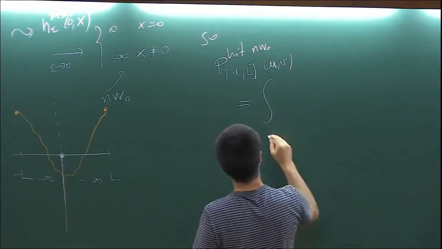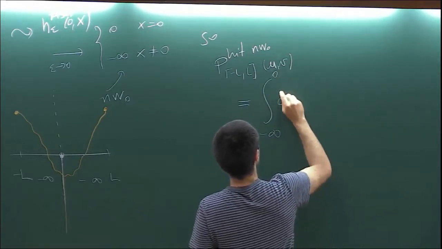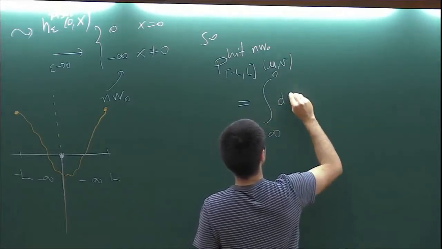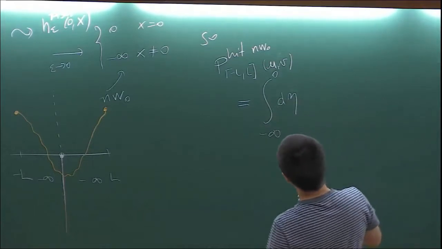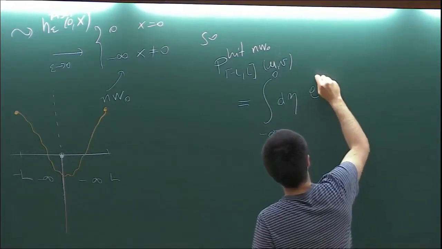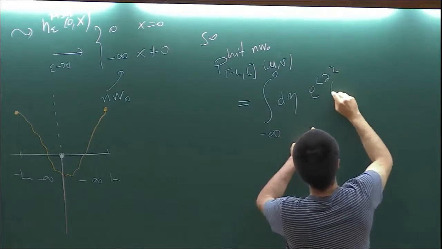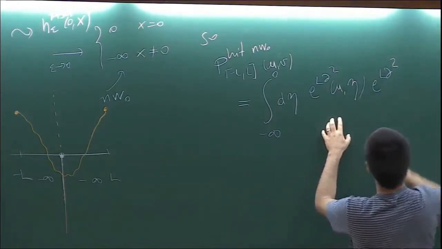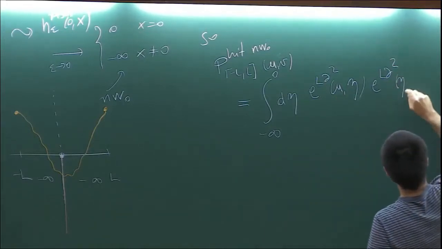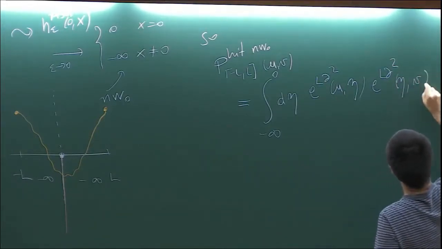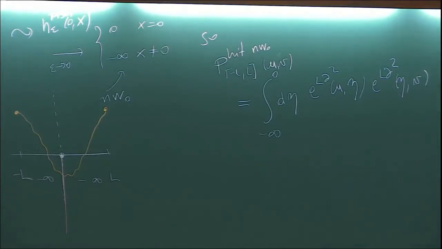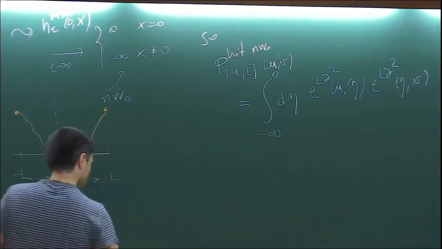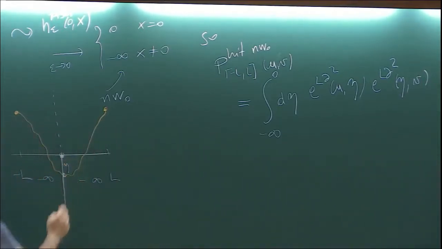It's the integral from minus infinity to 0 of d eta of the Brownian transition probability starting at U, ending at eta, and then the Brownian transition probability, which is this heat kernel, starting at eta and ending at V. In my picture, that's eta. Okay, this is really completely straightforward.